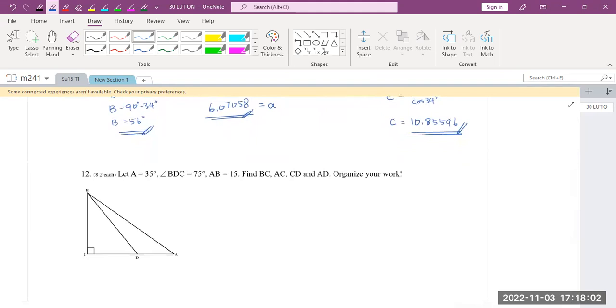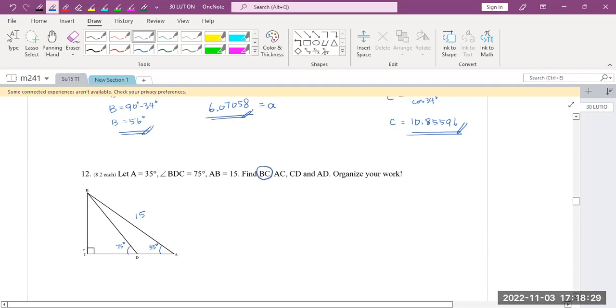Number 12. We have angle A, 35 degrees. Mark it on the graph. DC is 75 degrees, so this is 75 degrees. AB is 15, so the length here is 15. And then the question is find BC.